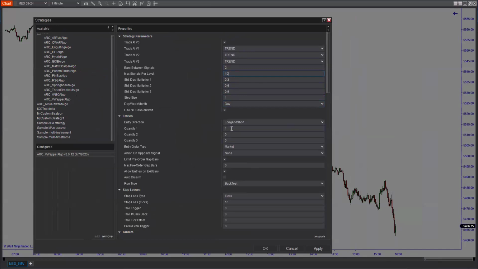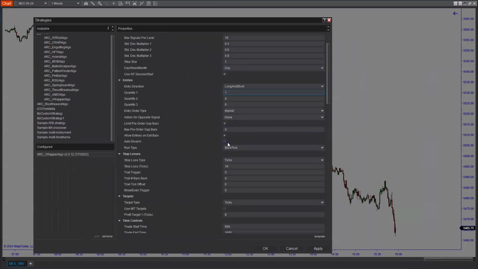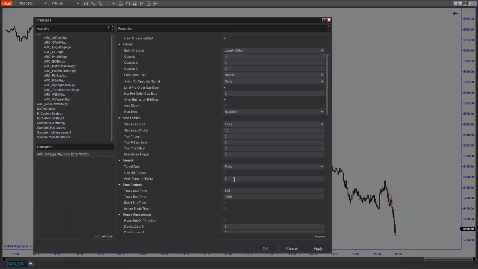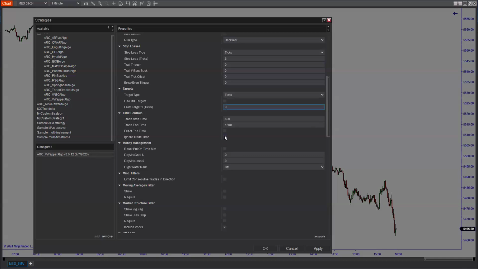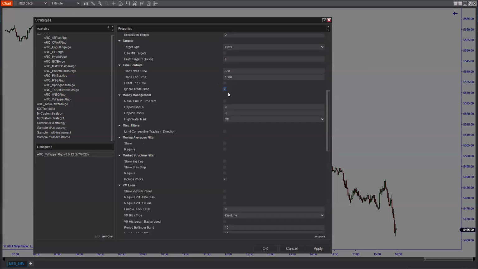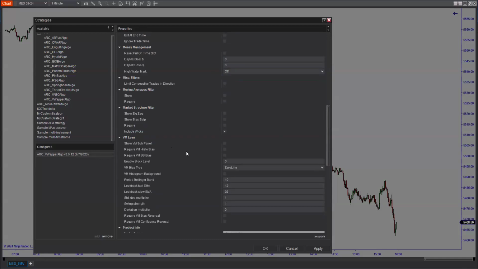I don't care. We'll go 10 for now. 1 back test. 10 ticks is fine. Actually, let's go 8 just to make it a little quicker. Don't care about the trade time yet. Actually, I do. Stick with 830 to 230 as a starting point.